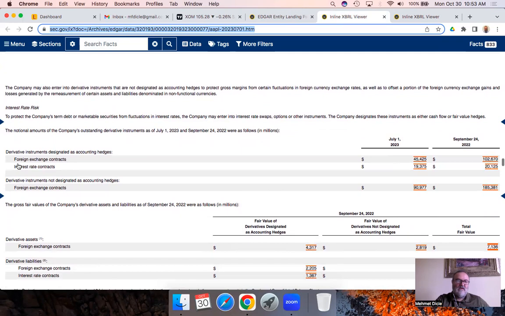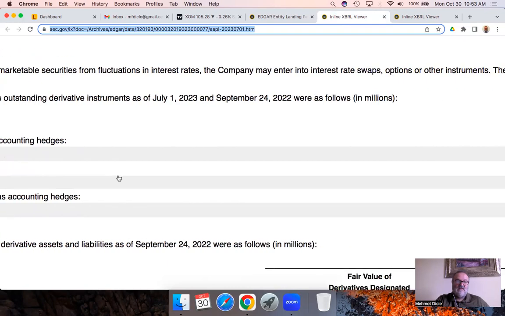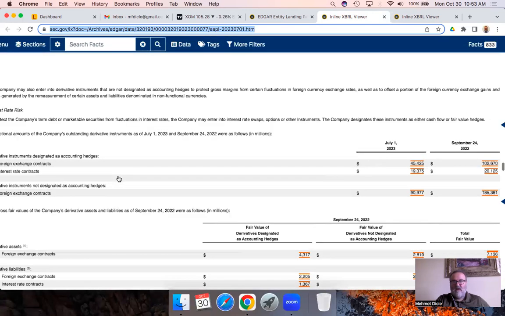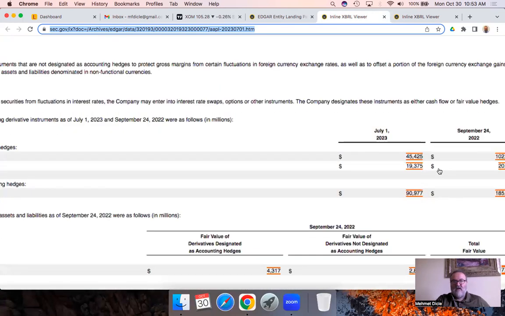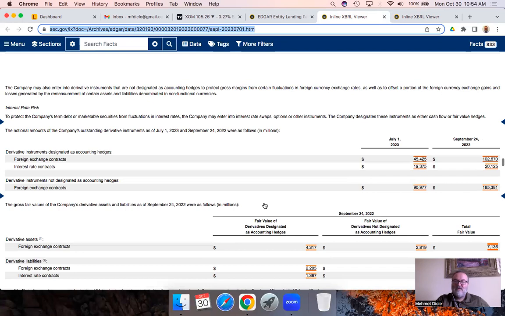If you notice right here, it says foreign exchange contracts, derivatives, and interest rate contracts, and you have a significant amount accumulated on all interest rate and foreign exchange contracts. You're looking at $90 billion. And then in September 24th, you're looking at $185 billion. Compared to the size of Apple and their revenue, that may not be as much, but it's actually a significant amount considering how much that value can change.